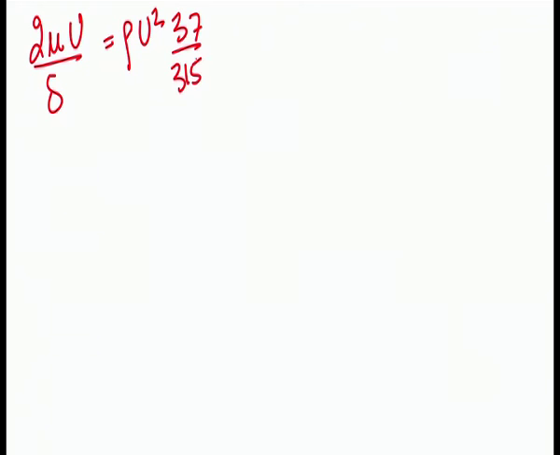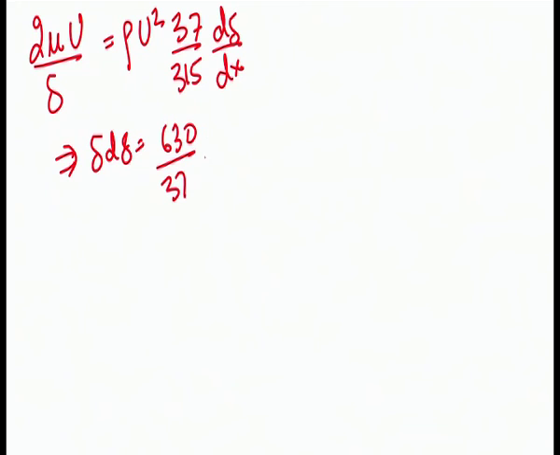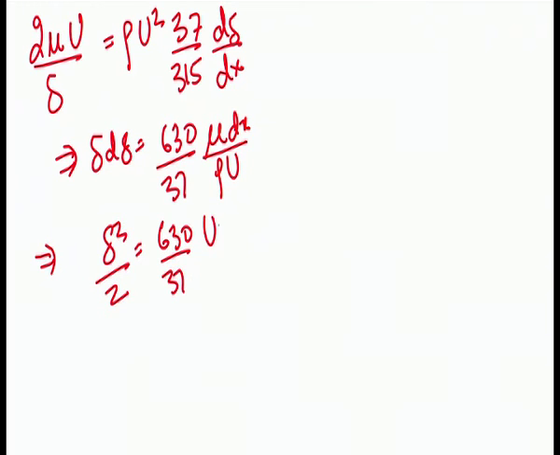After equating you get 2 mu U by delta is equal to rho capital U square into 37 divided by 315 d delta by dx, and if you integrate it, it becomes delta d delta, so before integration 630 by 37 into mu dx by rho into U, or delta square by 2 is equal to 630 by 37 mu capital U x by rho U plus c.